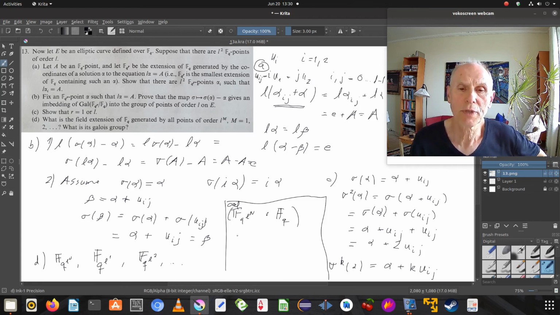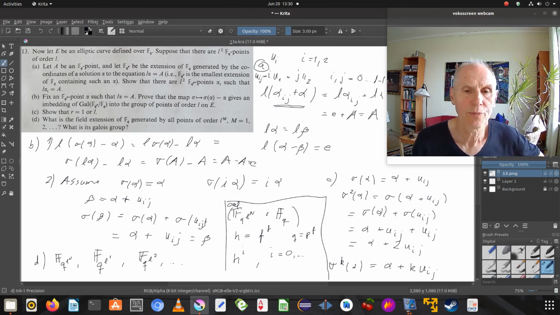First we start with the Frobenius automorphism, and then we define the automorphism H by the Frobenius in F, where Q equals P to the F. And then the automorphisms are given by powers of H, where i goes from naught to, and then we need to find out the order of that guy.